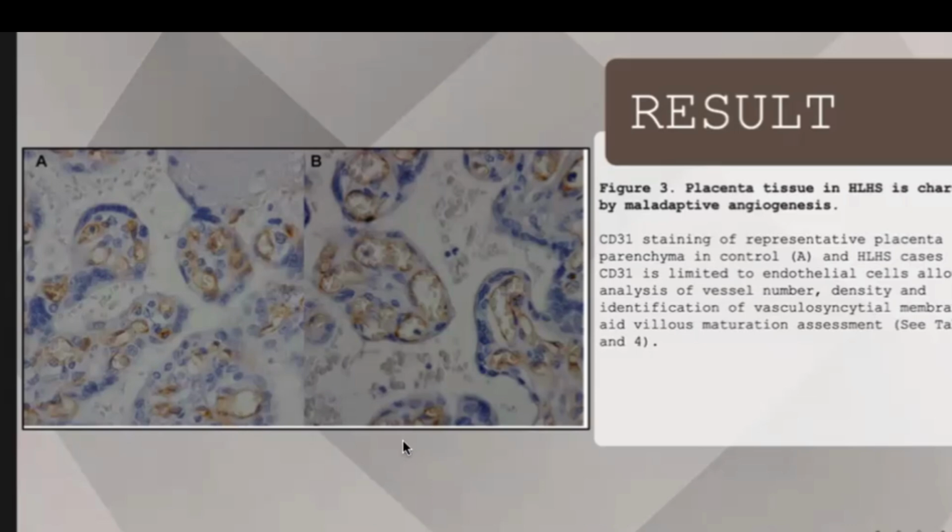So in the CHD subtype, there's a reduction in the amount of blood vessels, but also in the area of the vessel. And this shows that at the end of term, there's definitely dysfunction in the endothelium.